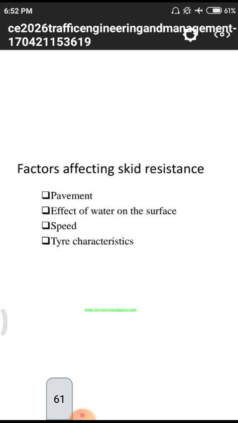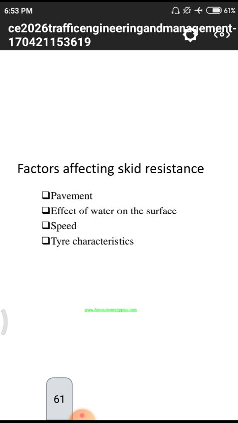Next one, tire characteristics. At the starting point of using our tire, that means whenever we buy particular tires for our vehicles, in the starting age there will be a huge amount of friction. After year by year there may be less friction. Why?